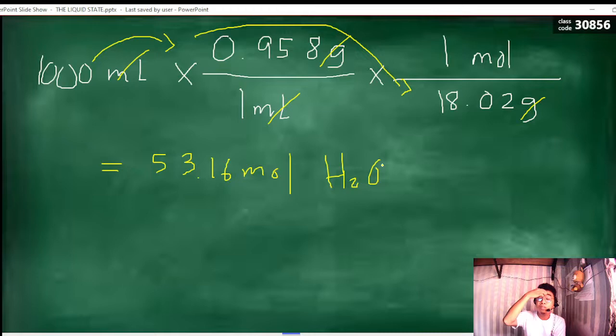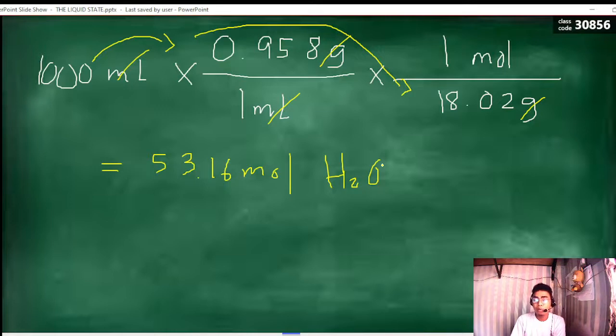So we have the number of moles. I hope you can follow. Review the video again to understand. So 53.16 moles of H2O is the number of moles we will use for our equation.